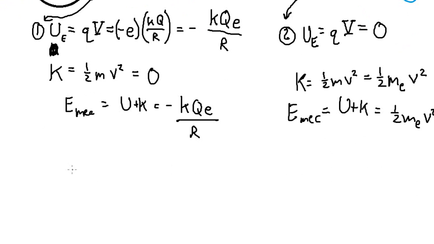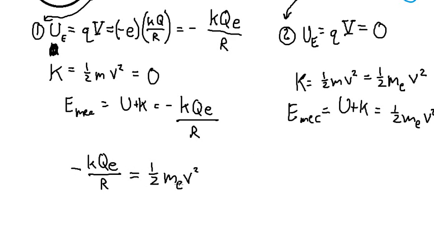So we do E_mec here, which is U plus K, which is negative kQe over R. And on this side, E_mec equals U plus K, which is 0 plus 1/2 m_e v squared.